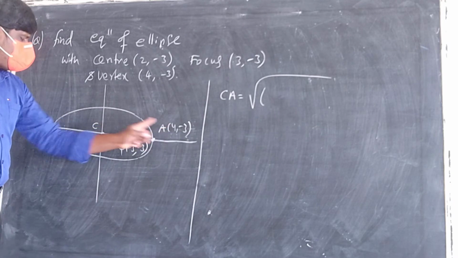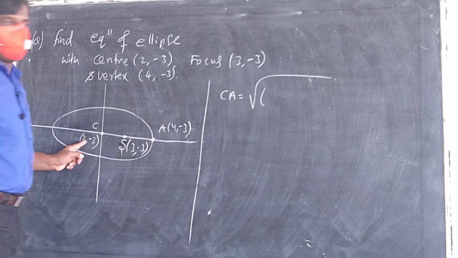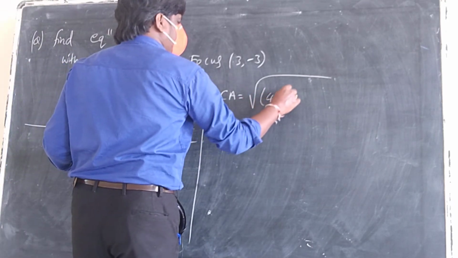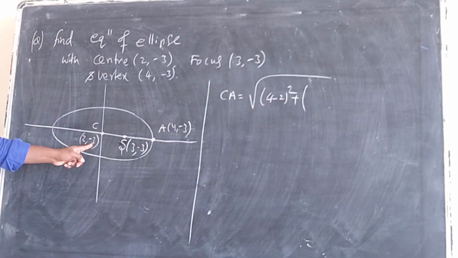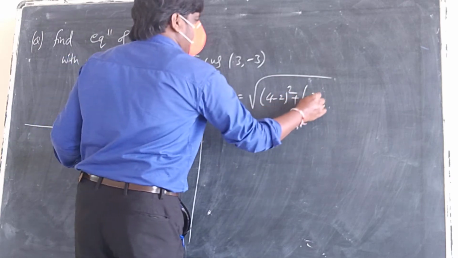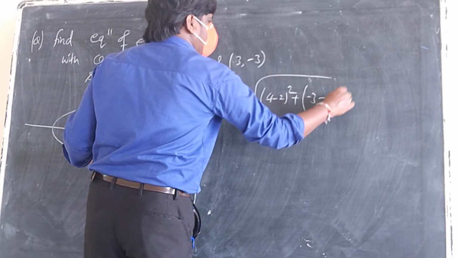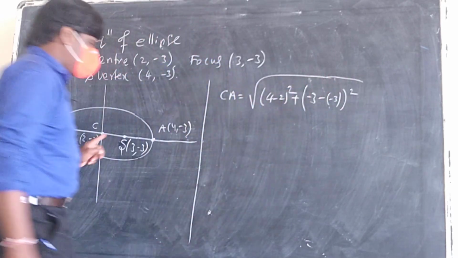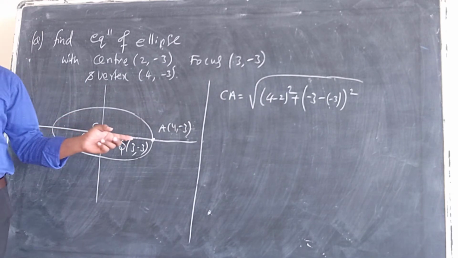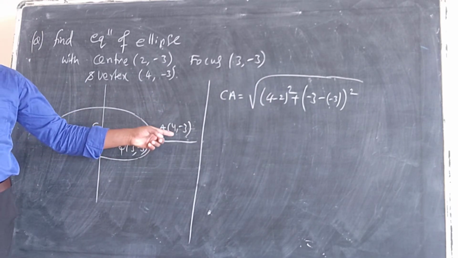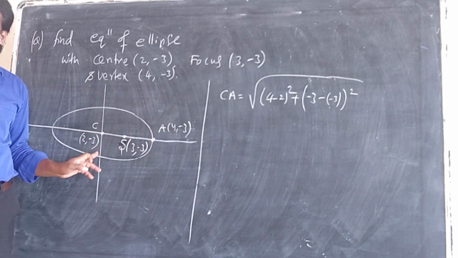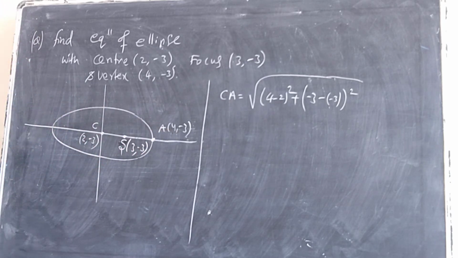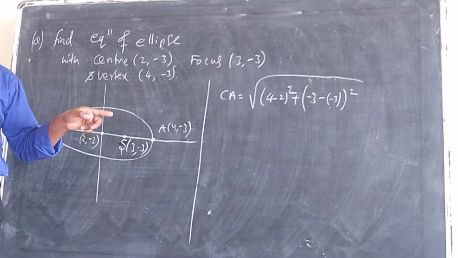So (x2 minus x1) whole square, (4 minus 2) whole square, plus (y2 minus y1) whole square, (-3 minus of -3) whole square. This is the distance formula, coordinate geometry, 10th class, 11th class. This is the CA distance. CA distance will be 2a units, major axis.